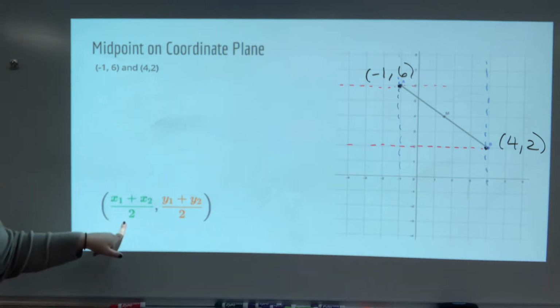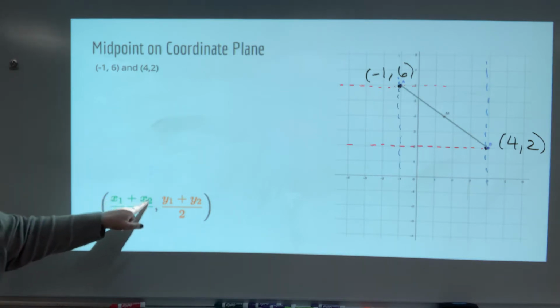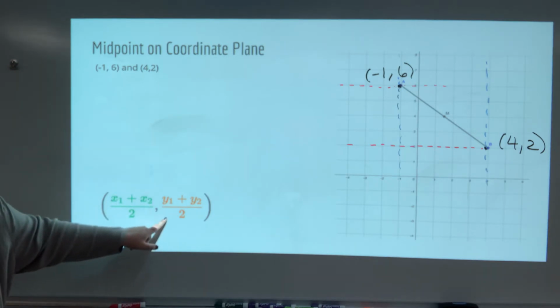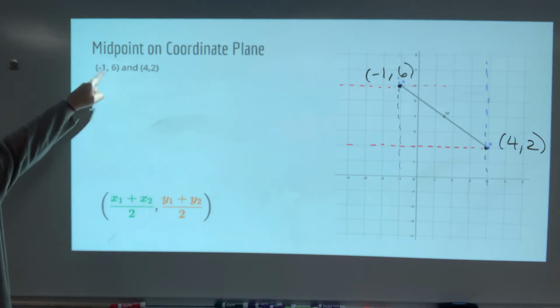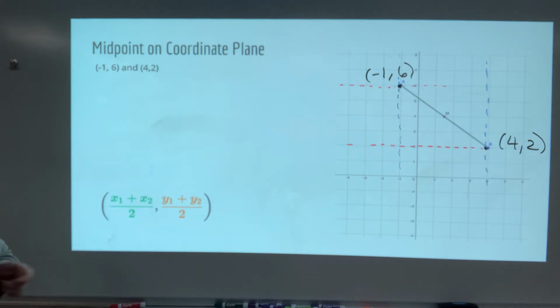And then I'm dividing by 2, right? Averages, you add up the numbers and then divide by how many numbers you are adding. Since I'm adding 2 coordinates, I'm dividing by 2. Same thing over here. If I have the y coordinate from my first point and the y coordinate from my second point, I can add those together, divide by 2, and find the average.